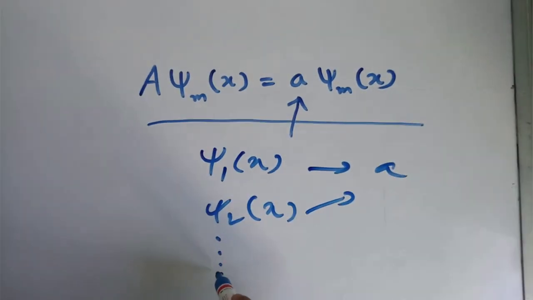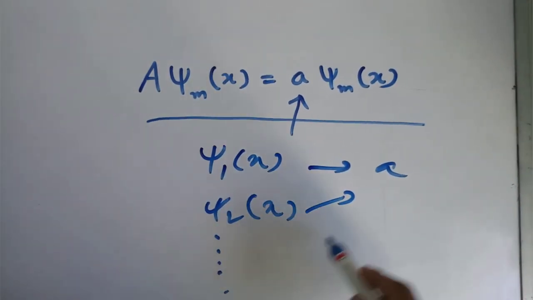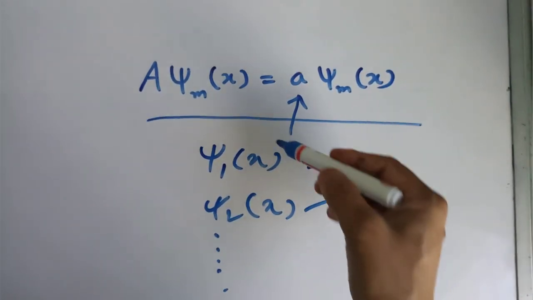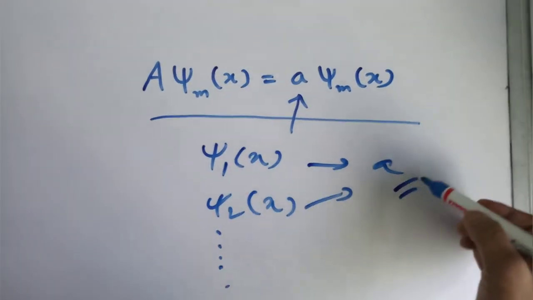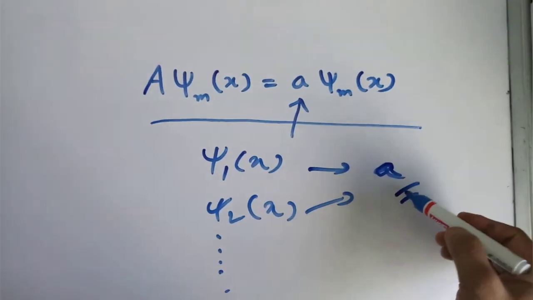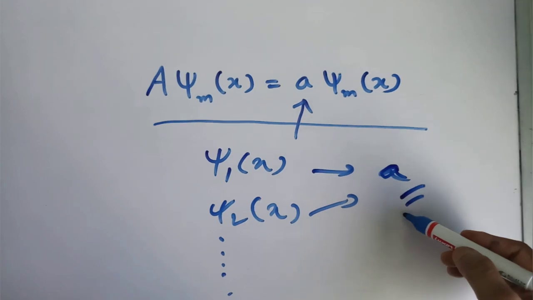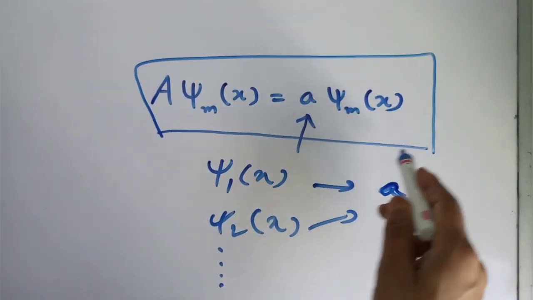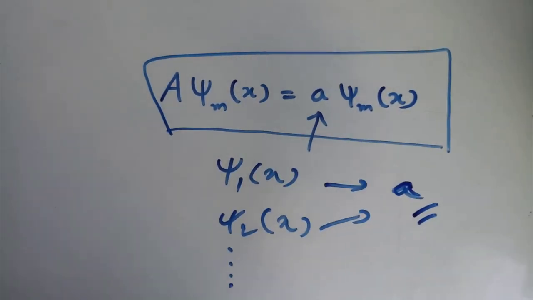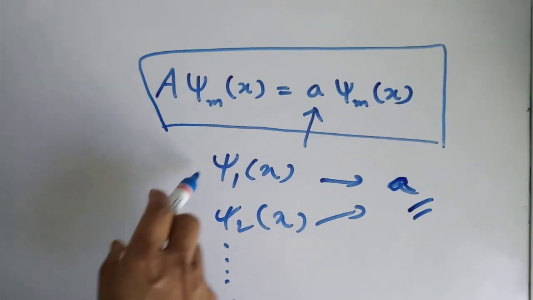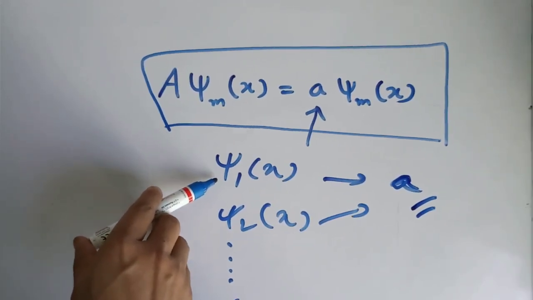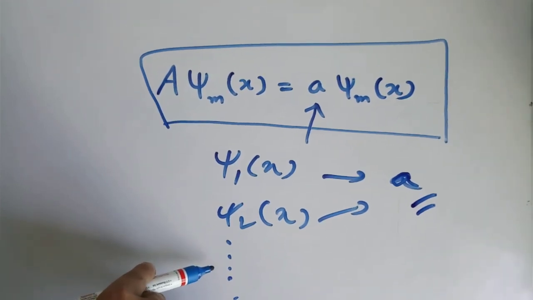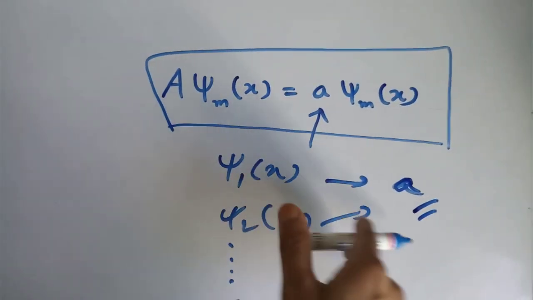Similarly, for all the eigenfunctions, you get the same eigenvalue. So in that case, what do we call this equation? This equation is a degenerate equation, and these states, psi 1(x), psi 2(x), are also called states. So they are degenerate states.